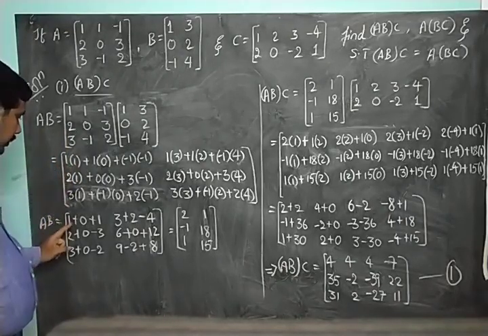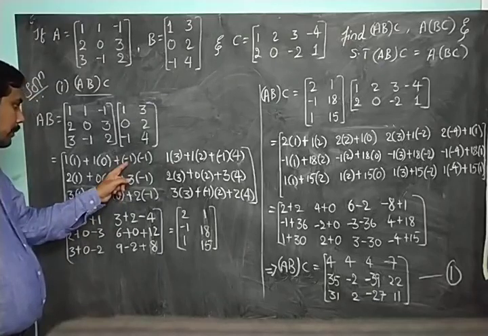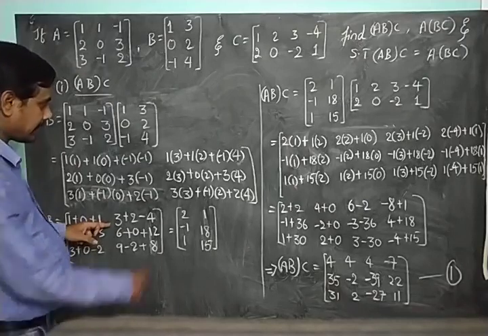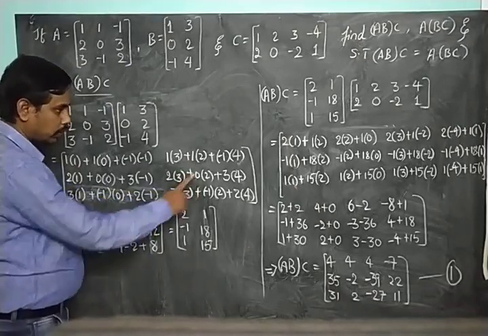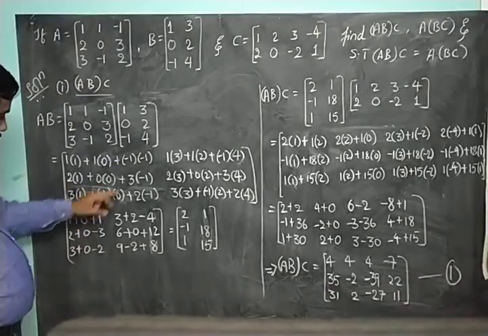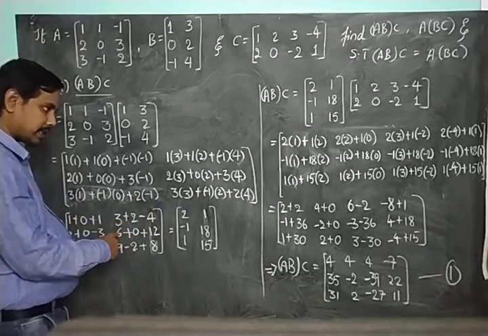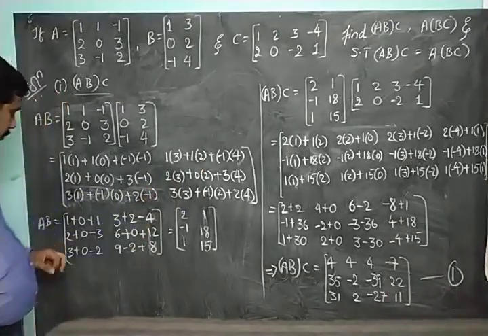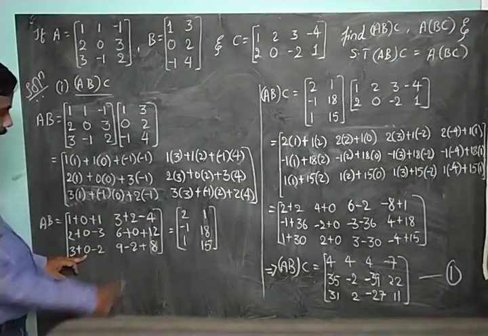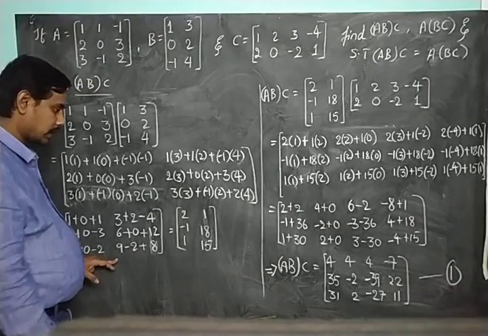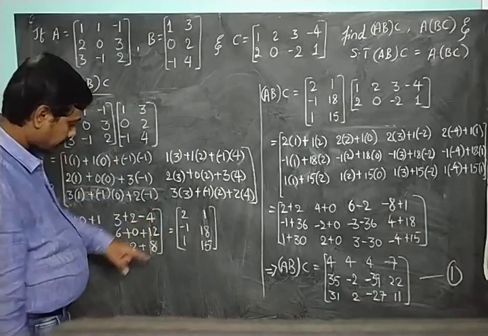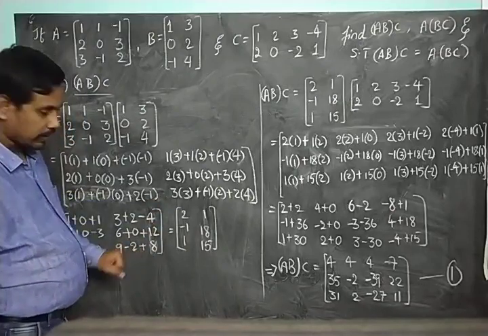Now what is 1 into 1? 1. 1 into 0 is 0. Minus 1 into minus 1 is plus 1. 1 into 3 is 3, 1 into 2 is 2, minus 1 into 4 is minus 4. 2 into 1 is 2, 0, minus 3. 2 into 3 is 6, 0 into 2 is 0, 3 into 4 is 12. 3 into 1 is 3, minus 1 into 0 is 0, 2 into minus 1 is minus 2. 3 into 3 is 9, minus 1 into 2 is minus 2, 2 into 4 is 8.